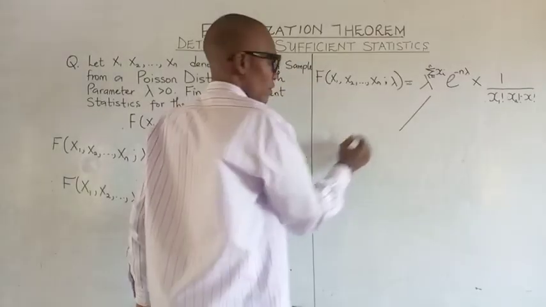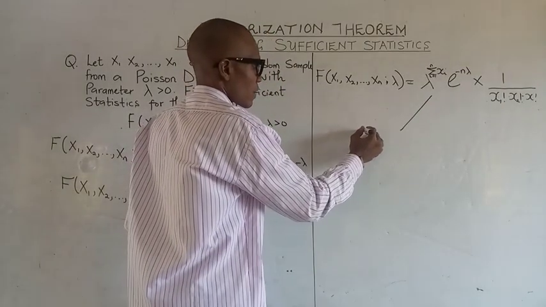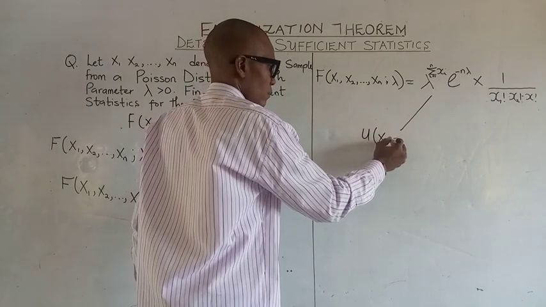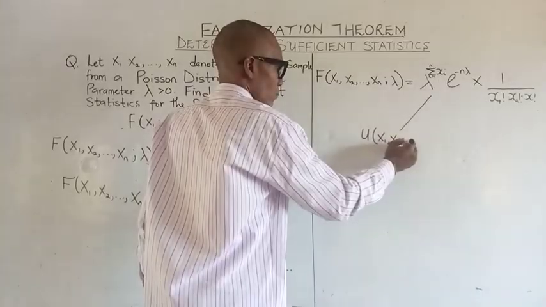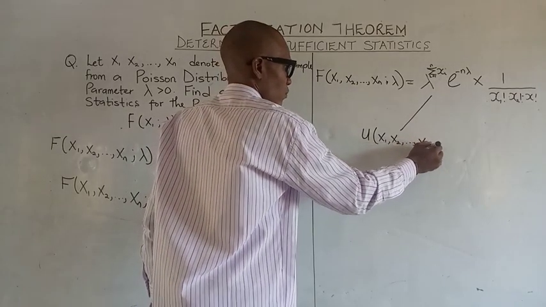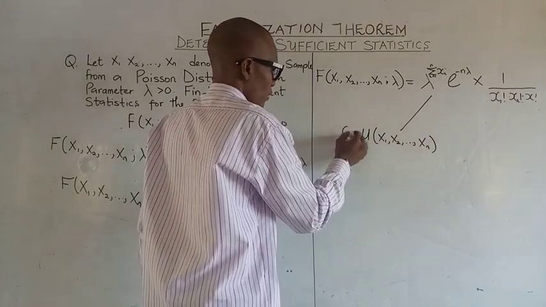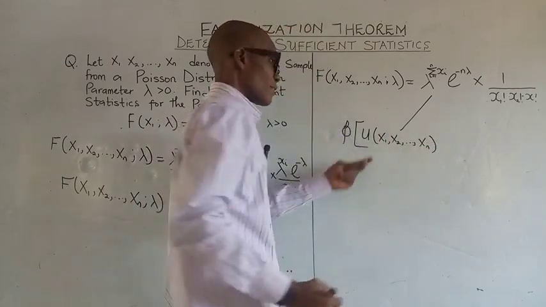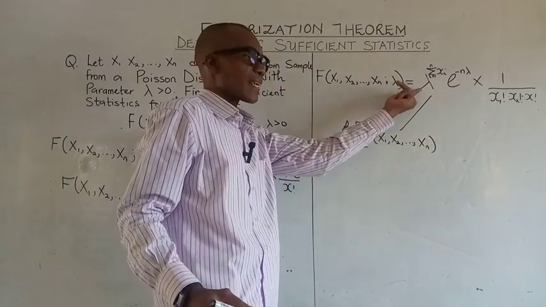This automatically becomes our new function of x1, x2 to xn, because it's the function that depends on the parameter lambda.